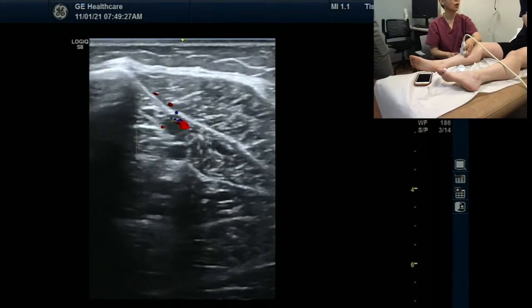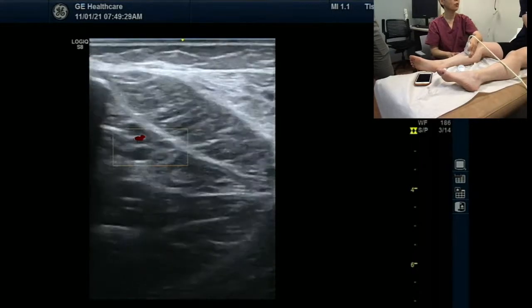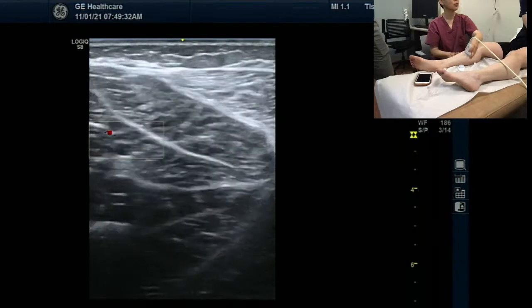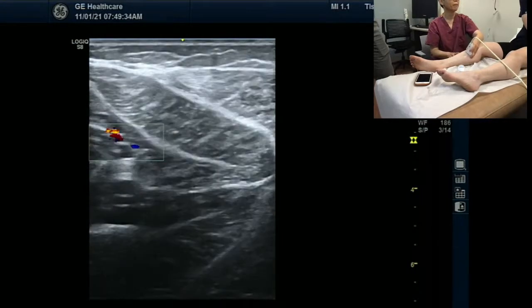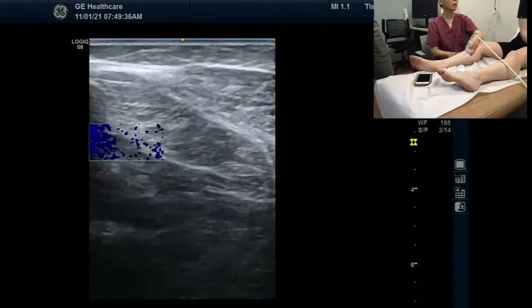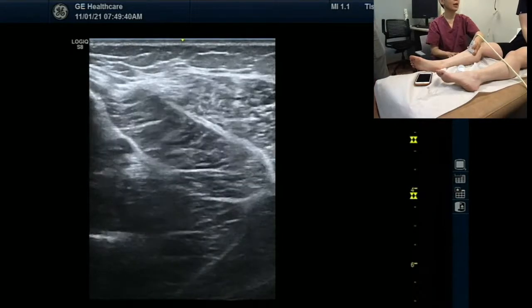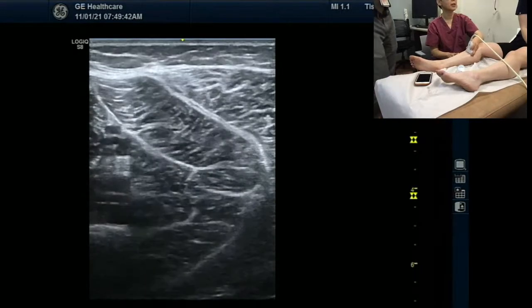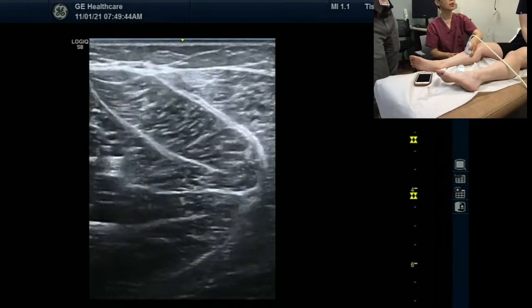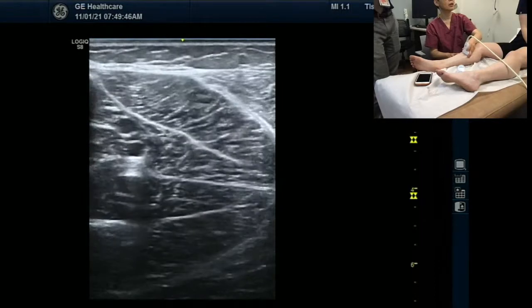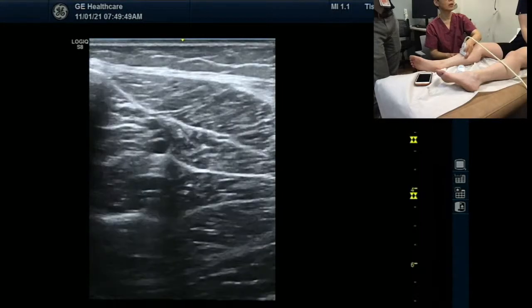Look at these two arteries. If I go proximally, they merge to become the popliteal artery. Now it's become one, and if I move distally, it splits into two. Very clear.